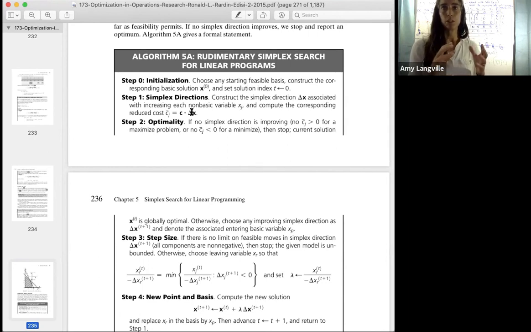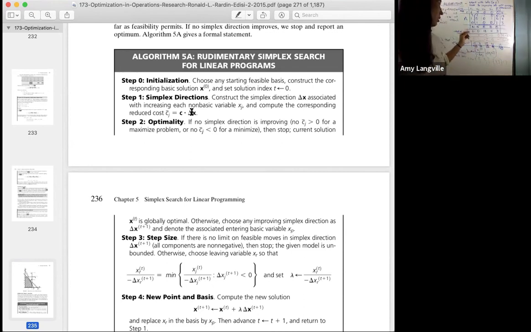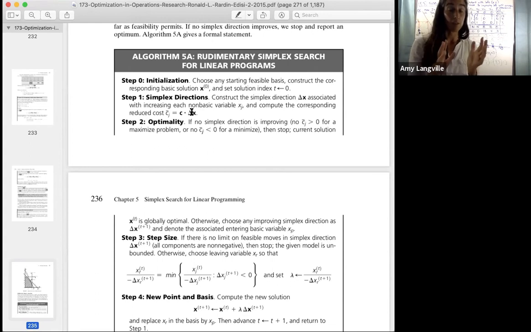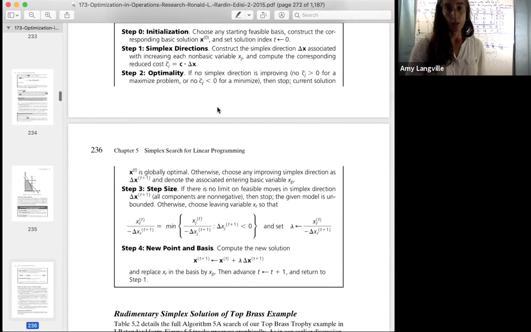You probably want to massage it a little bit, because remember, you're fixing some things. Like we had A delta x equals 0, and there was a 1 and a 0 fixed. So instead of having 5 things to solve for, we only had 3. So you'll do a little massaging to get to that. Okay, optimality.